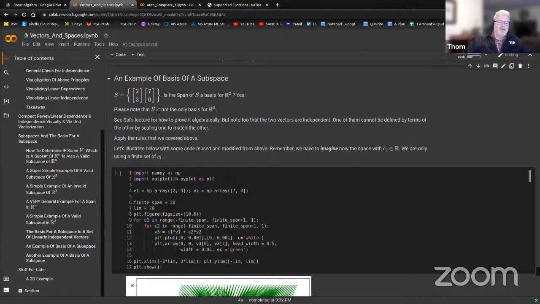Yes. Let's show why. So first, please note that S is not the only basis for two-dimensional real numbers. Now, I want you to see Saul's lecture for how to prove this statement algebraically. But note too that the two vectors are independent.